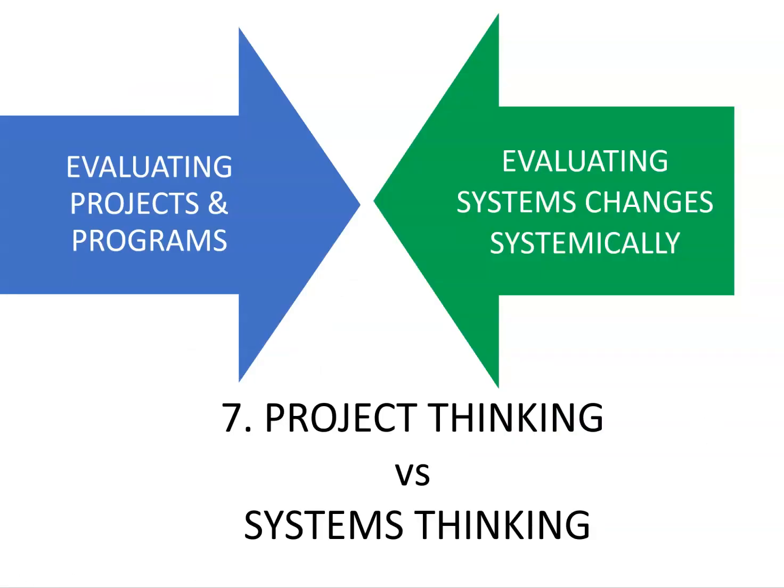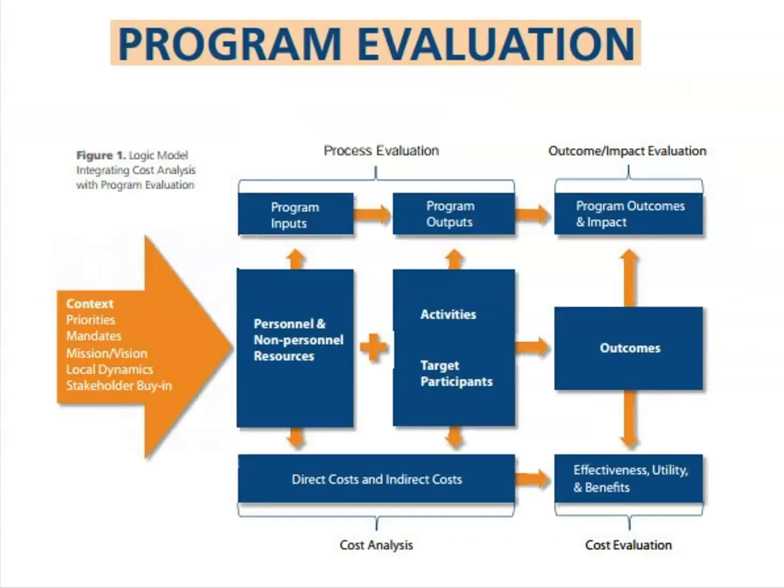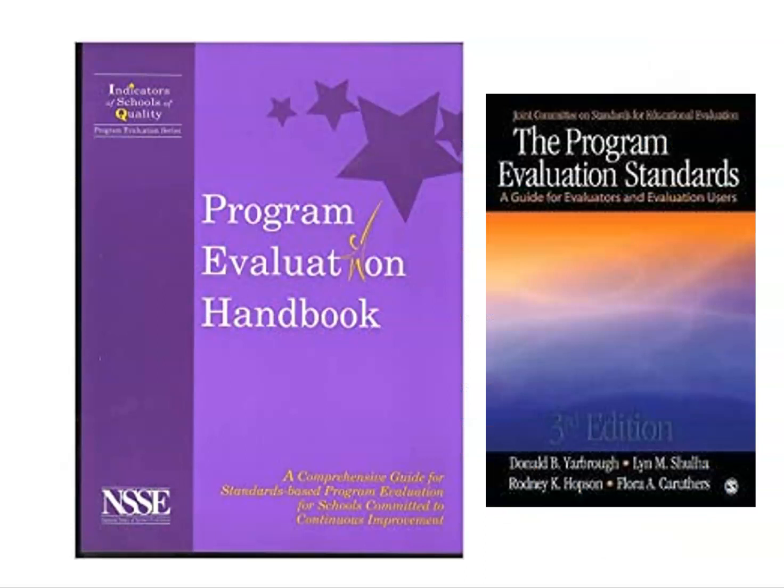So this brings us to a major emergent difference, both now and going forward, about where evaluation focuses its attention: project-level thinking versus systems thinking. Program evaluation as a unit of analysis tends to focus on programs and projects. Those are efforts with clear goals and a logic model aimed at attaining those goals.